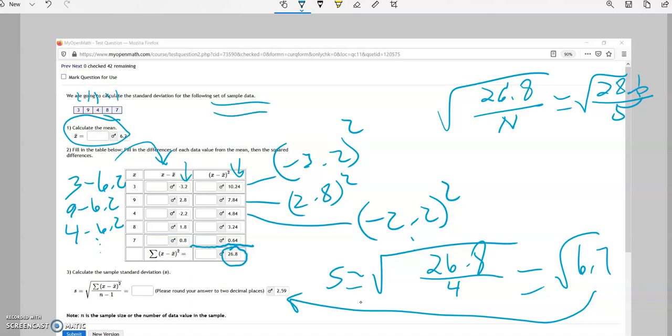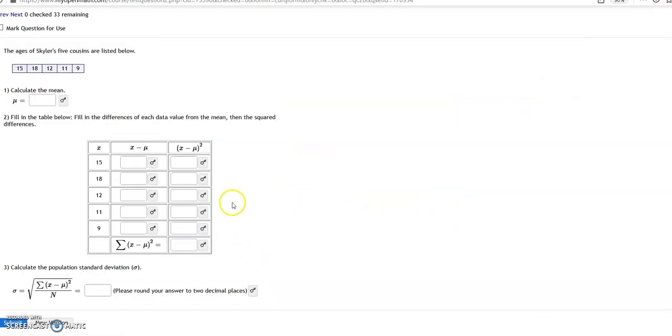I already told you it's a sample. And you already see the equation here, n minus 1. That's the difference between sample and population standard deviation. You divide by small n minus 1 for a sample, and you divide by capital N for a population.